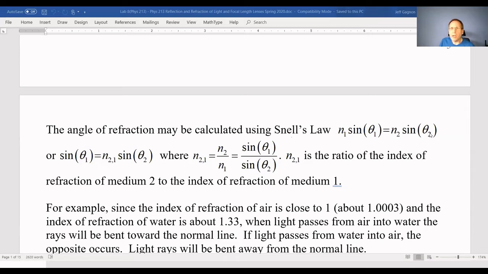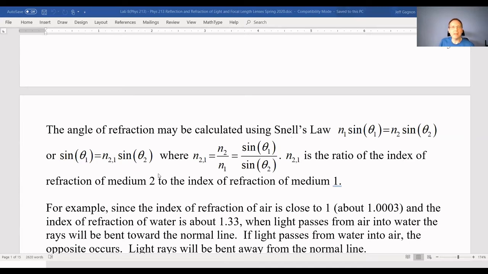Now, think of N1 as being the index of refraction of, say, air, and N2 as being the index of refraction of water, or it could be glass as well. We're going to want to know the ratio of the index of refraction of water relative to air, or the ratio of the index of refraction of glass relative to air.